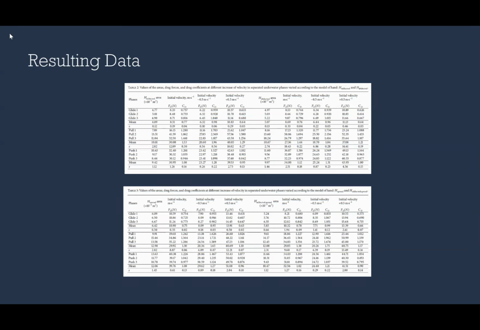The largest drag value for the adductive hand was 57.36 newtons in the pull phase. This is also where it had the highest area. This phase resulted with a mean value of 40.85 newtons. The other hand shapes each had their maximum drag force values in the push phase.